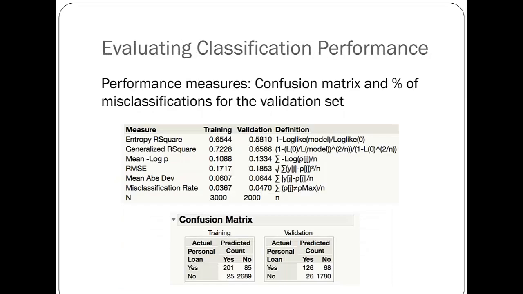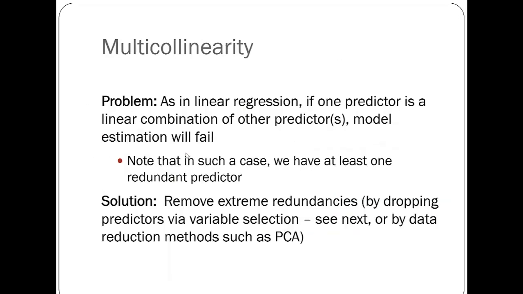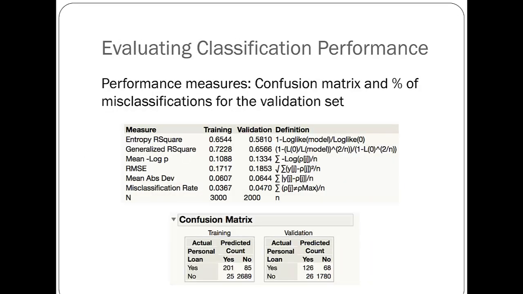We get several classification performance metrics given to us, including R squared and generalized R squared, and these are kind of complicated formulas. You can actually see the formulas over here. We're not going to get too much into that, but just note that we can use these in much the same way as we did with multiple regression in order to compare models, especially using the validation data set.